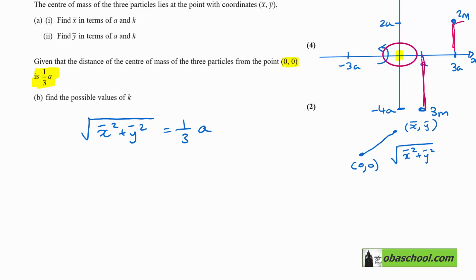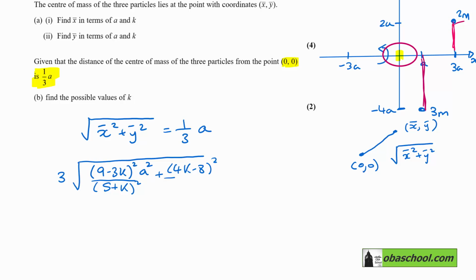We have expressions for x bar and y bar. I'm going to bring the 3 up in front of the square root. And then we have (9 minus 3k) squared, a squared, over (5 plus k) squared, plus (4k minus 8) squared over (5 plus k) squared, is equal to a. There's an a squared here as well, so the a's inside the bracket we can slide outside.